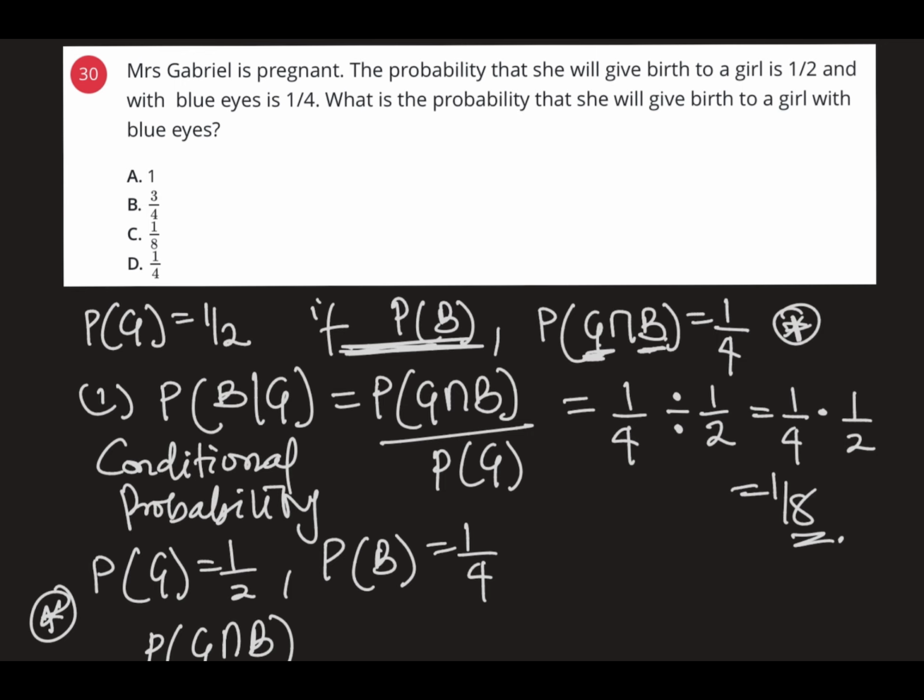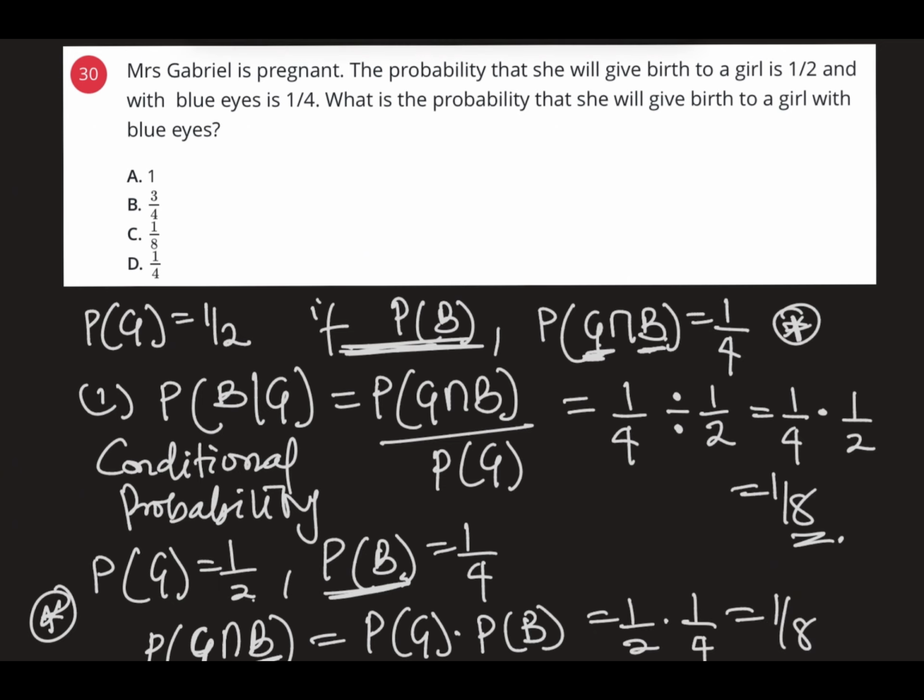But if the intention of the examiner is that the probability of a girl is 1/2 and the probability that a child has blue eyes is 1/4, what is the probability that she will give birth to a girl with blue eyes? That would be the probability of a girl multiplied by the probability of having blue eyes, which is 1/2 times 1/4, which is 1/8.